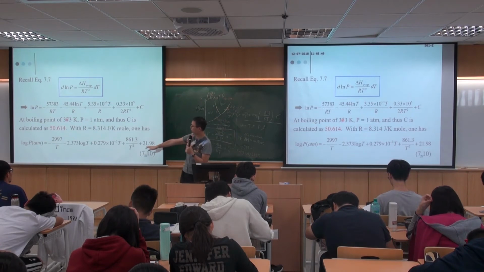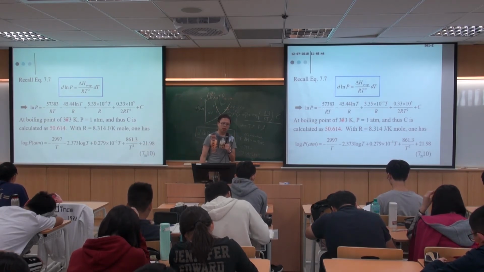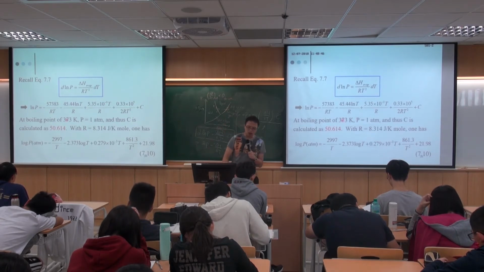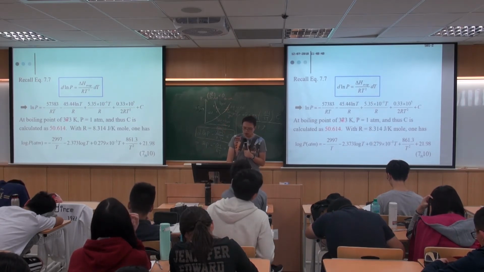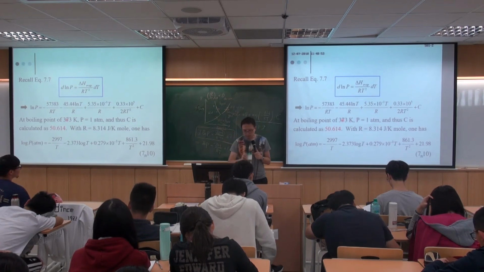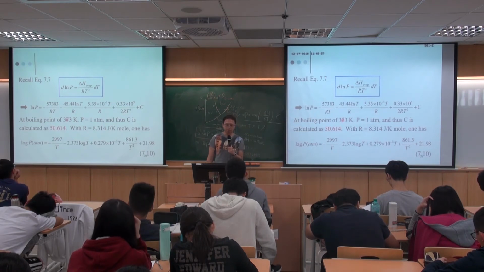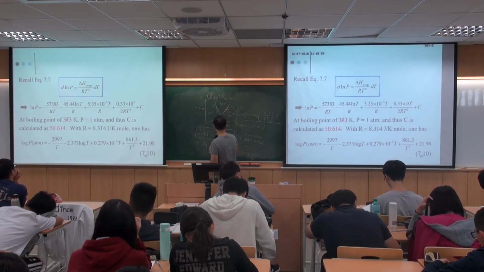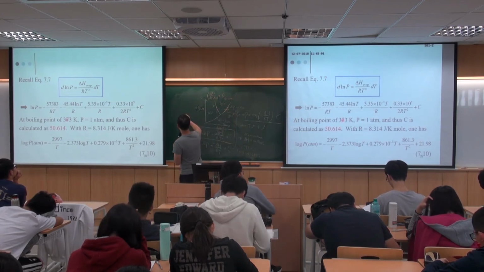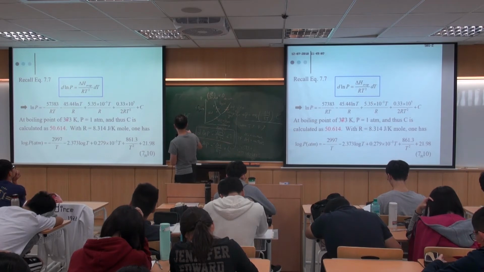And more importantly, typically people want to express this pressure as log P with a base of 10 rather than the natural log. So you have to know how to transform this to log P.